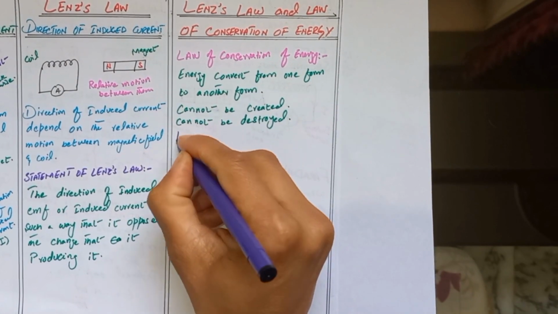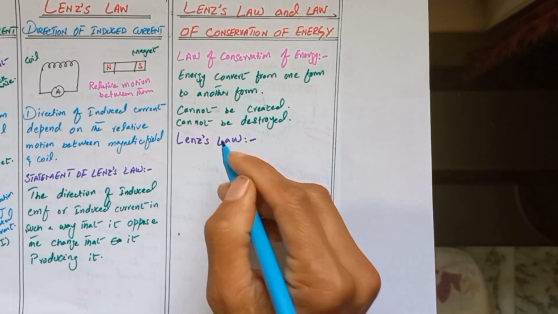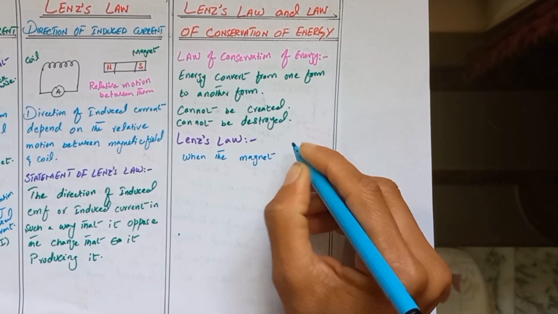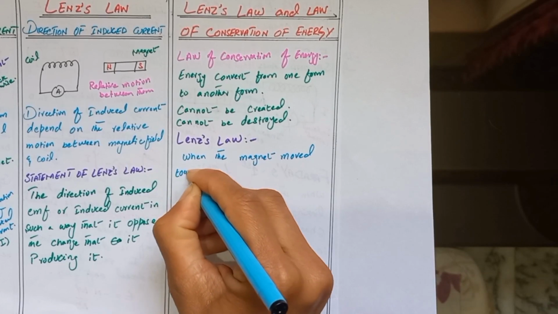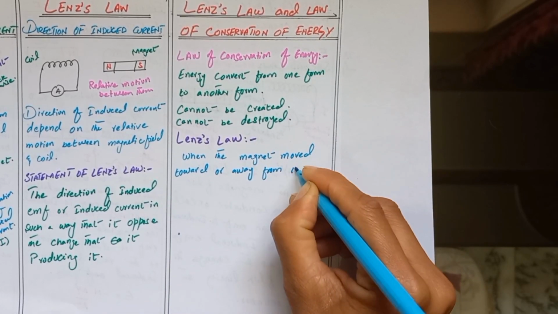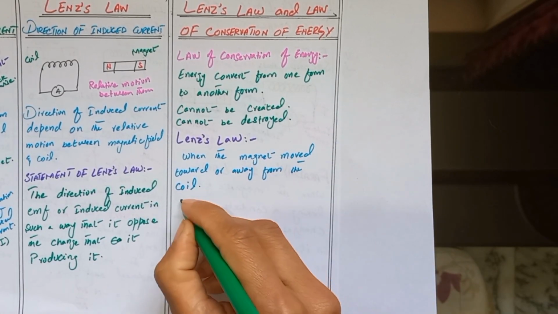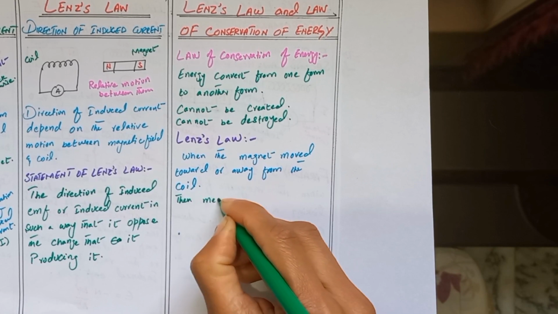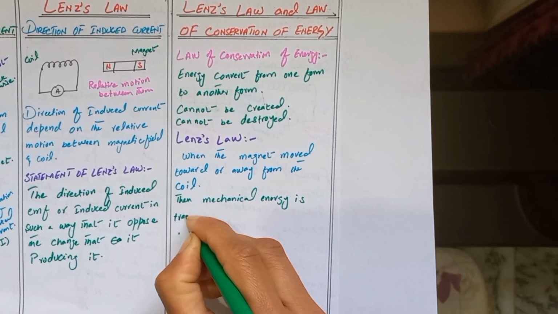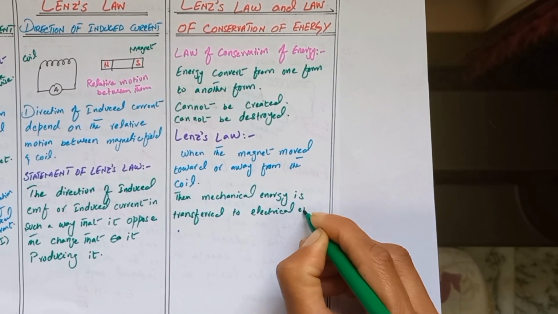Now we discuss the Lenz law. What is the Lenz law? Lenz law says that when the magnet moves toward or away from the coil, mechanical energy is transferred to electrical energy.